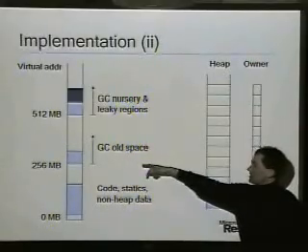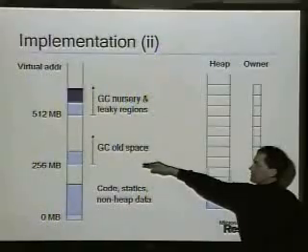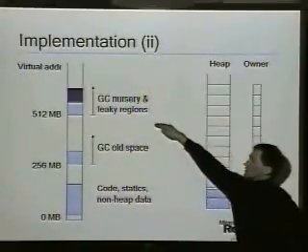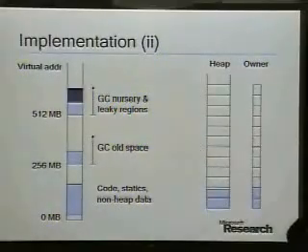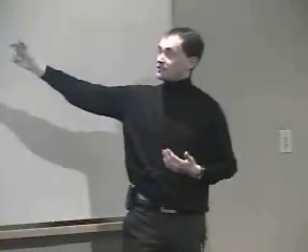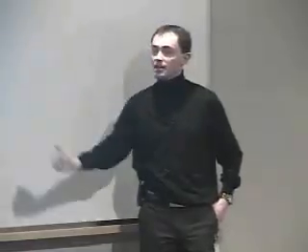Then the garbage collected old space grows upwards from a higher value, and then the young generation and the leaky regions grow up from a higher value still. So it's always going to be safe to create pointers that go downwards from a higher virtual address to a lower one. And that means that we can reduce the number of times that the more expensive code paths in the write barrier are taken.